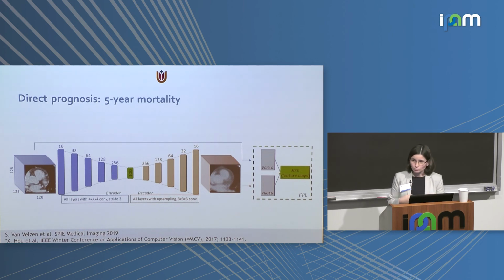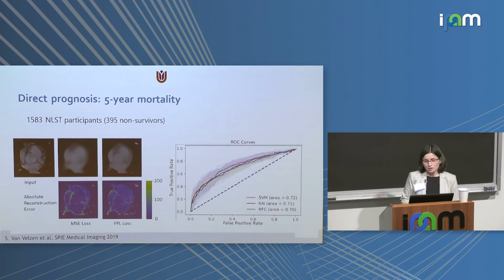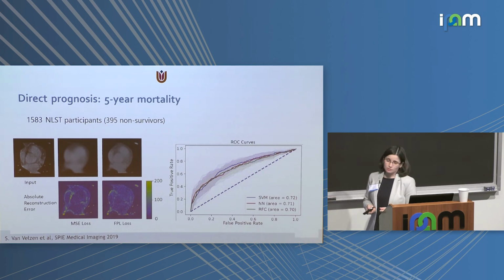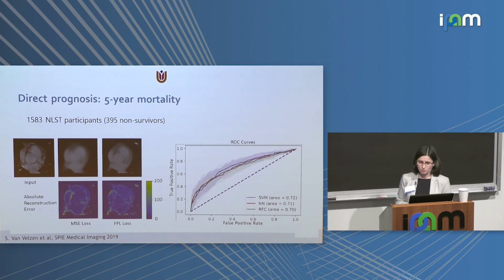And as we didn't want to design features and go through the feature engineering anymore, Sanne used the autoencoder to compress the image and used those as inputs to the classifier. So she used 3 classifiers, and SVM performed the best, but they were quite similar.